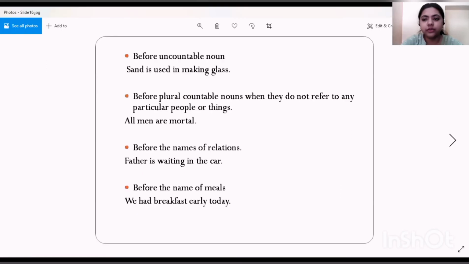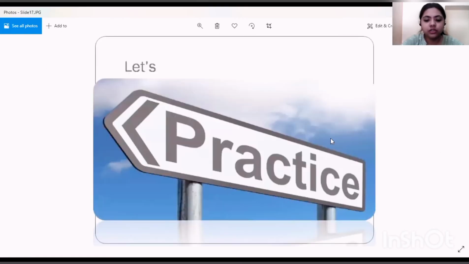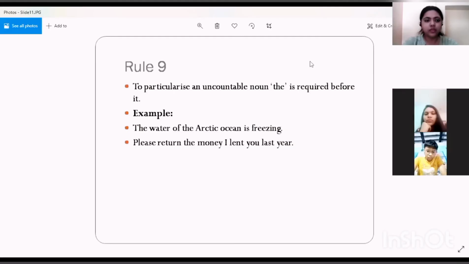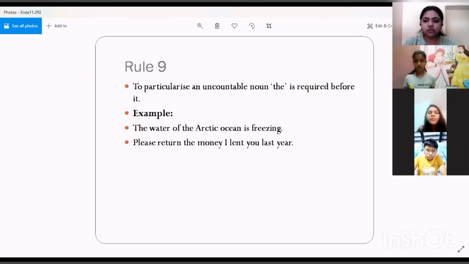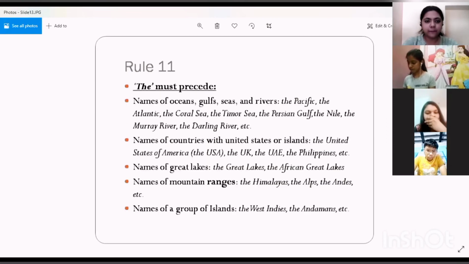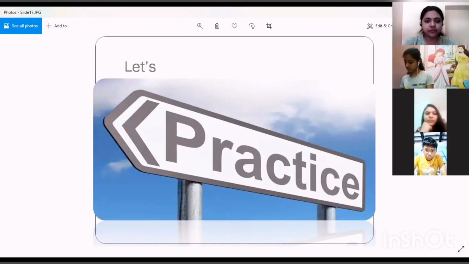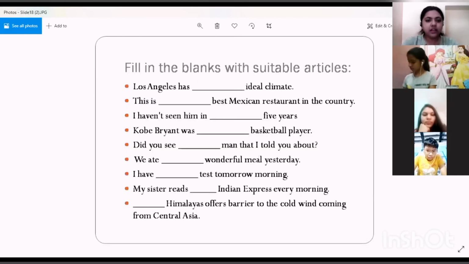All right. So have you people understood till here all the rules? Yes, now you can come up with your questions if you have any. Otherwise, we will move on to the practice session. All right, so let us do the practice. Here are a few sentences in front of you.